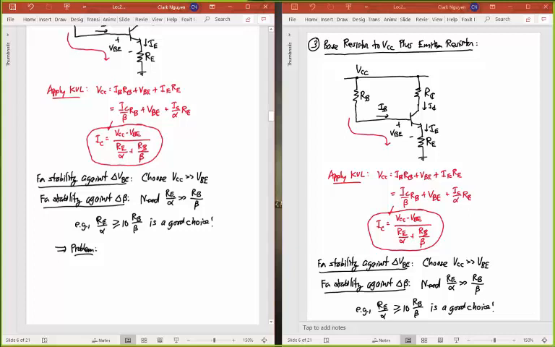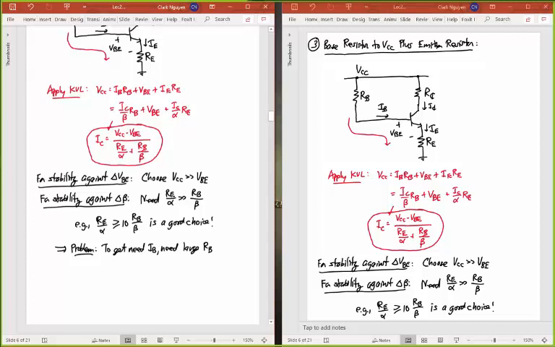And that is to get the needed IB, I need a large RB. Okay, and I don't like RB being too big.